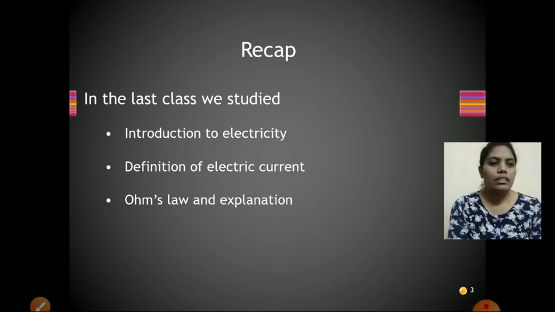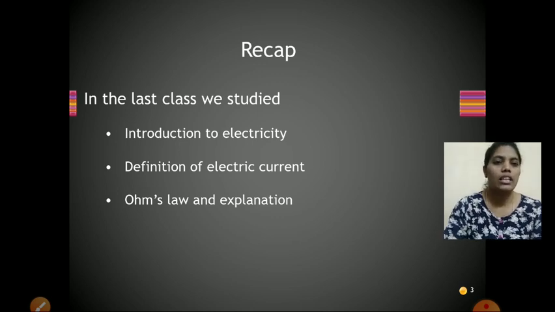Now, the matter consists of many atoms. In atoms, again, we are having positively charged particles and negatively charged particles.